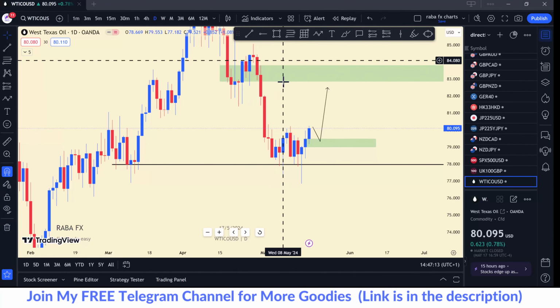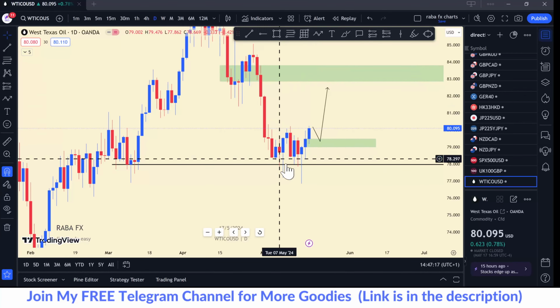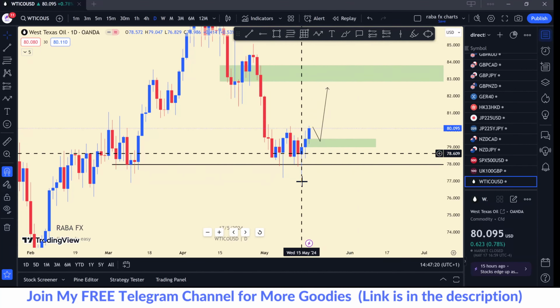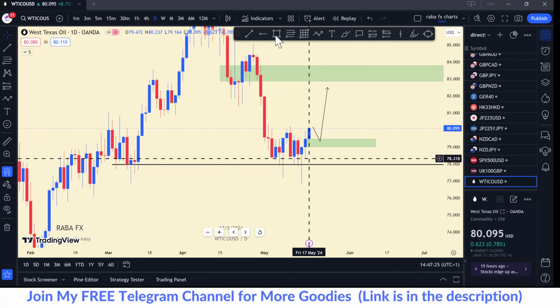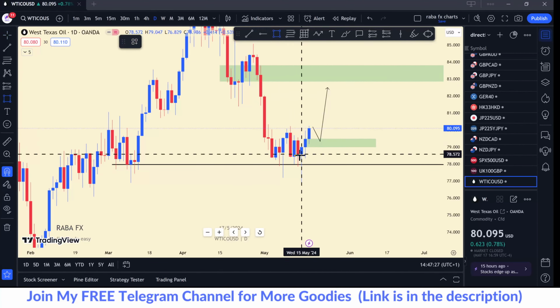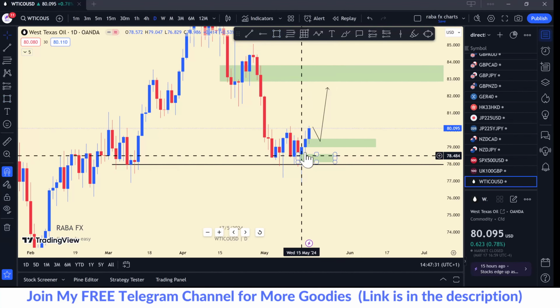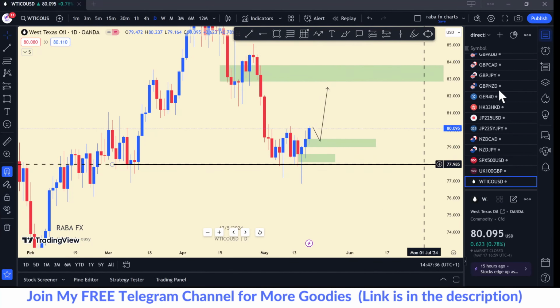This is your first target here before you get into the weekly obstacle. So US oil to me is bullish, and the formation I think is already set to start pushing higher. This was the best entry here, at this reverse opening price, day 1, day 2. Then we should expect price to continue going higher.